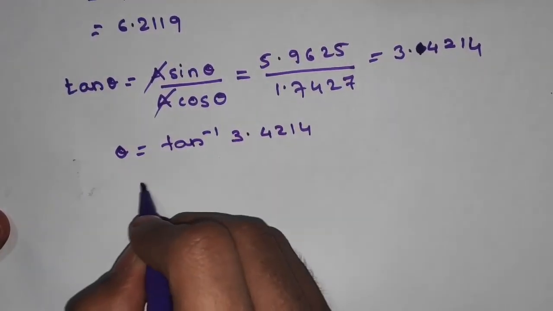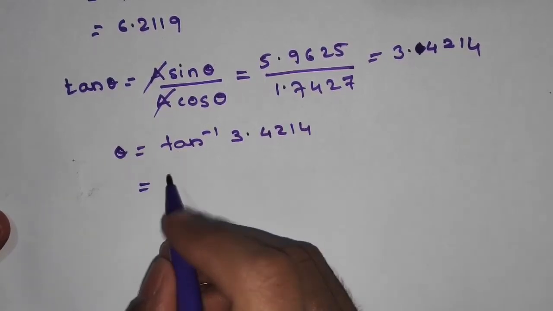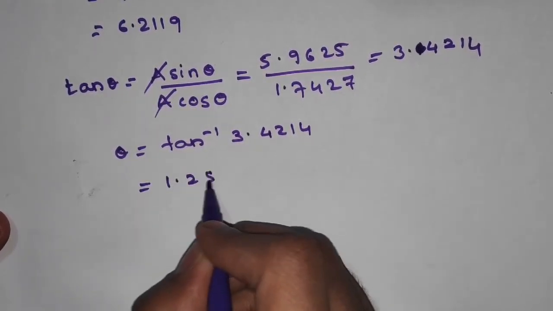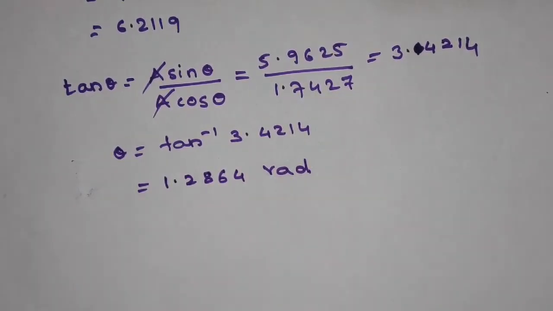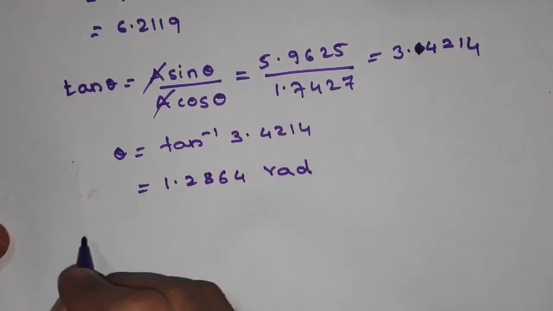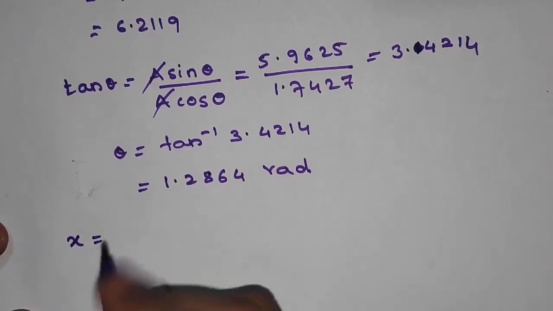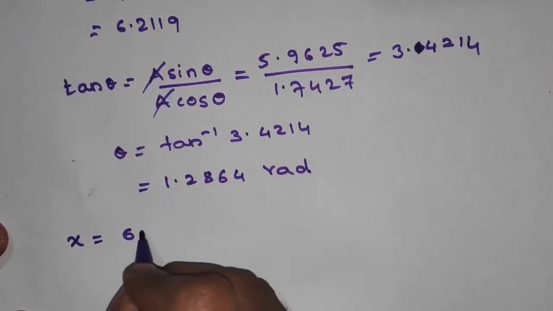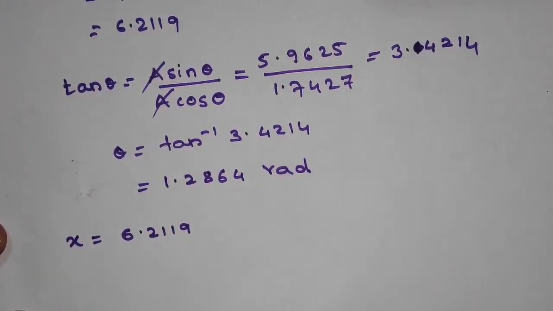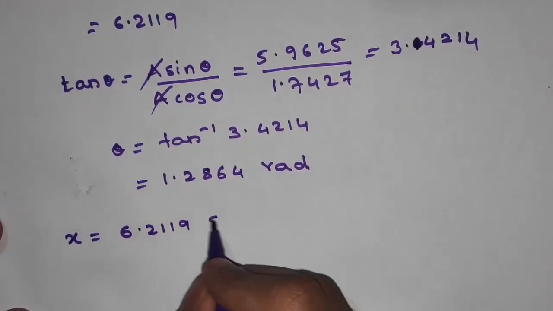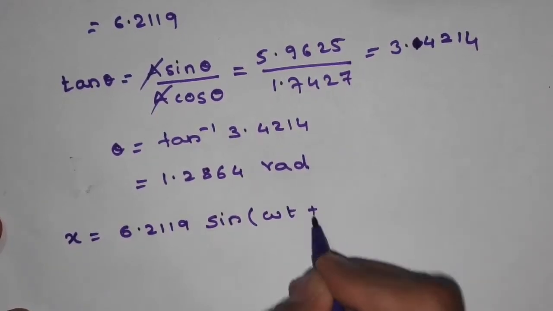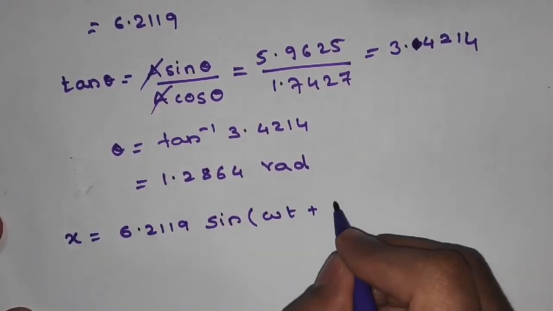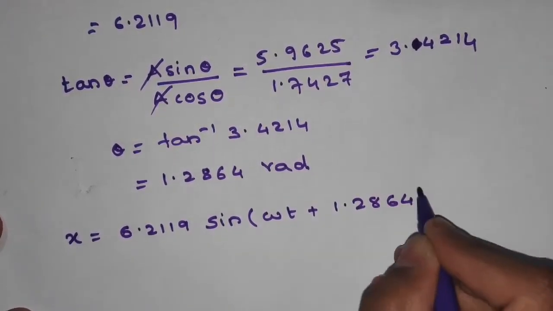Now theta will be tan inverse of 3.4214. When you calculate this, you will get 1.2864 radians. So we can now write x is equal to, we know the A value, it is 6.2119, into sine of omega t plus theta, that is 1.2864.